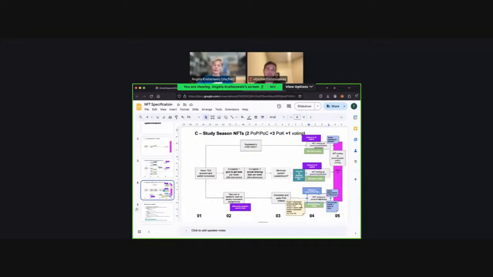If we say, okay, we want to make experience and expertise in token engineering count in the voting, we could, for example, discuss if just by registering for the study season, you have a lower voting weight compared to if you were able to complete a full live track and pass the examination.